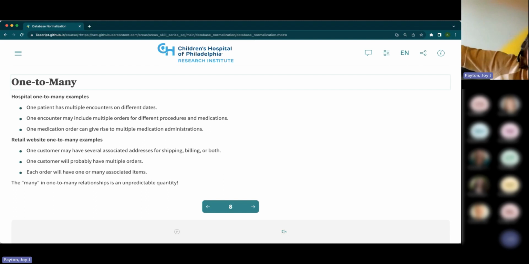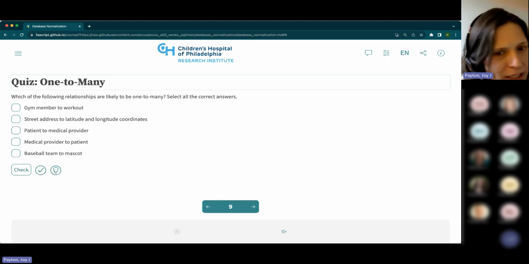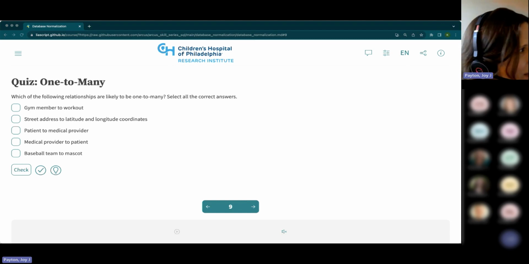If you have 100 columns to accommodate big orders, but you have all these empty cells, that's an inefficient way to store data. So that can be very challenging when you're designing data. One-to-many is tricky. So I'm going to invite you to consider this question.